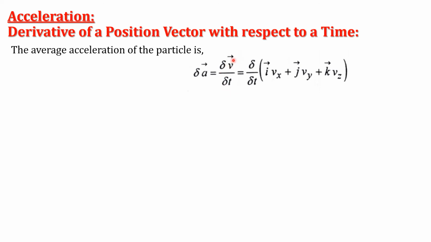We have to substitute the vector v in terms of the unit vectors ijk, hence delta by delta t into the bracket i vx plus j vy plus k vz.